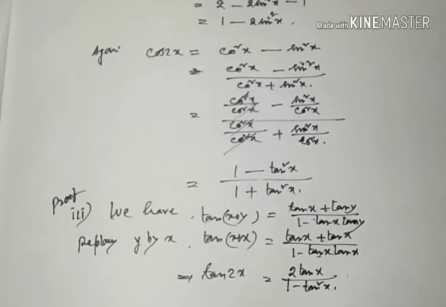These are the proofs of the trigonometric ratios of twice angle in terms of angle x.